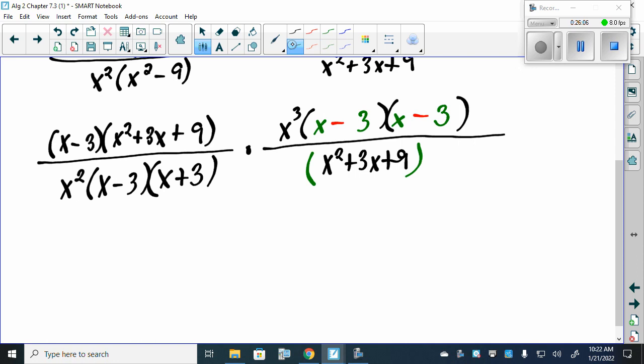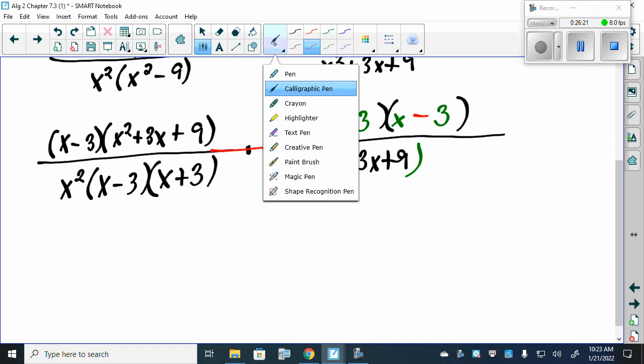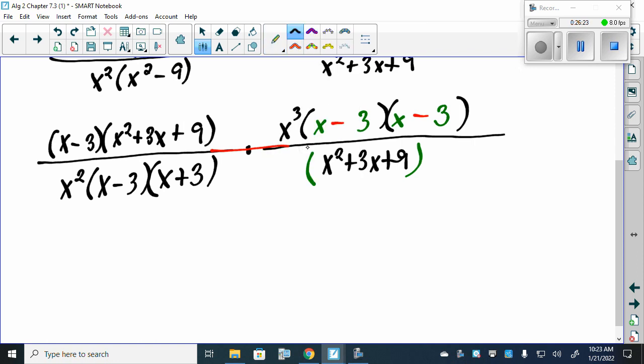Because what do we know? When we multiply, we're multiplying straight across, yes? So essentially they become 1. Which means that I can say this x minus 3 here and this x minus 3 here will go away.